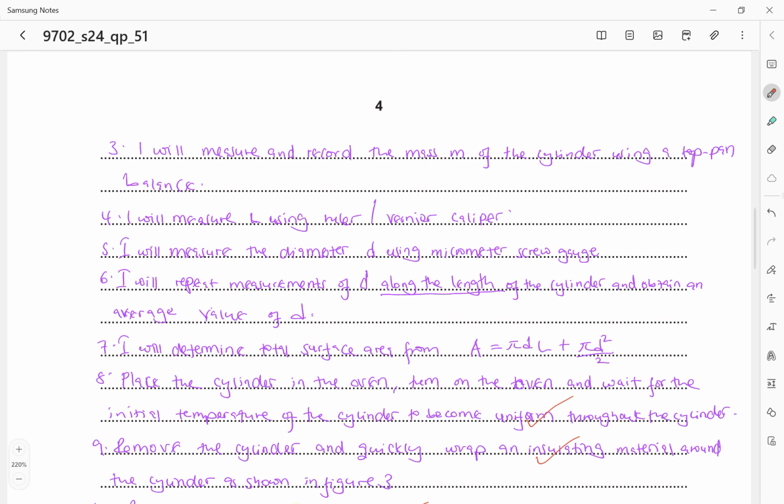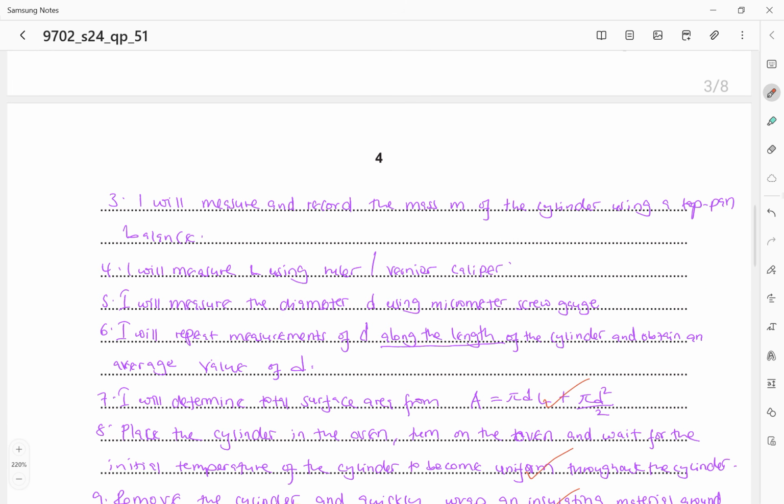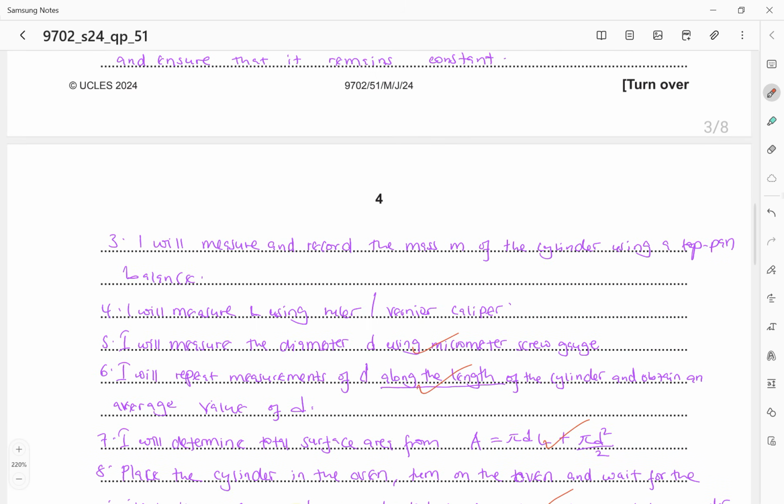Then I will determine the total surface area from that, so that is a marking point. Repeating the measurement for D along the length of the cylinder, that is a marking point. Measuring D using a micrometer screw gauge, that's a marking point. Measuring L, that is a marking point. Measuring M using a balance, that's a marking point.